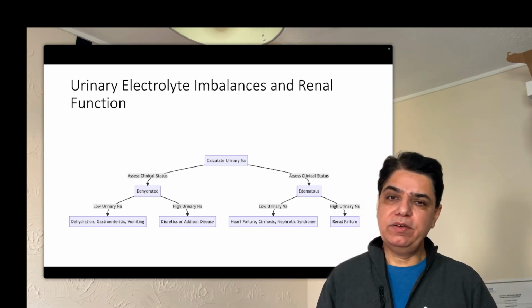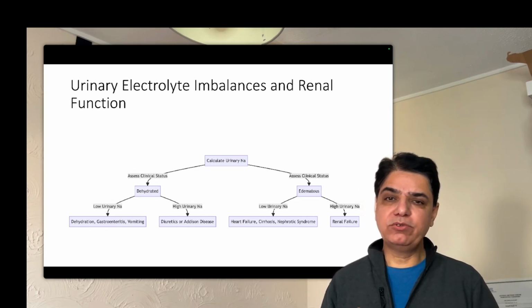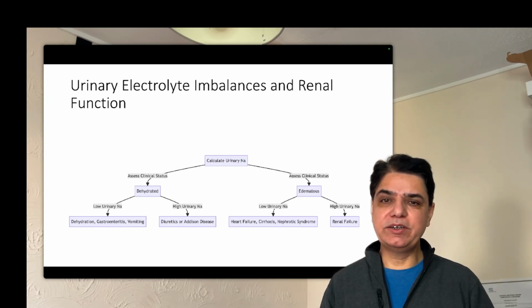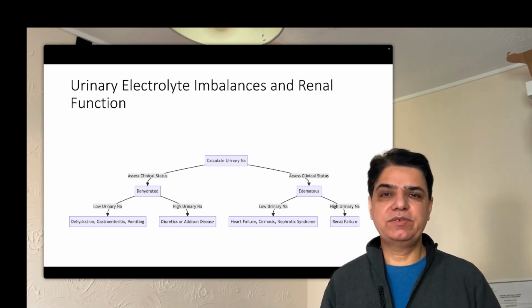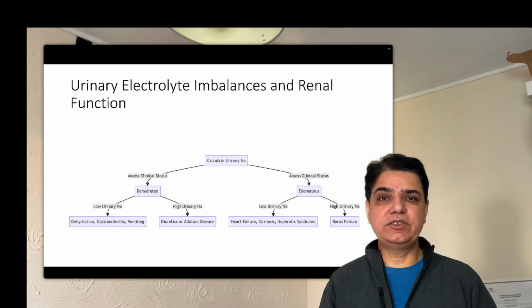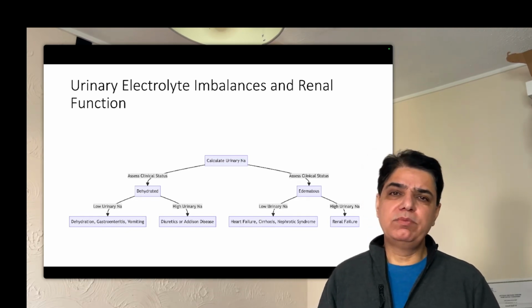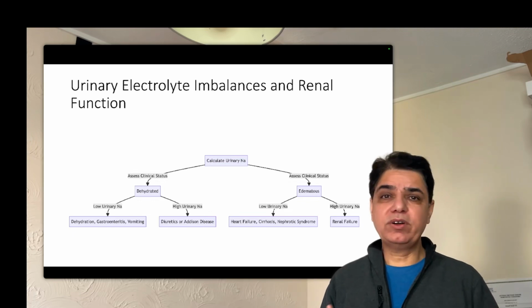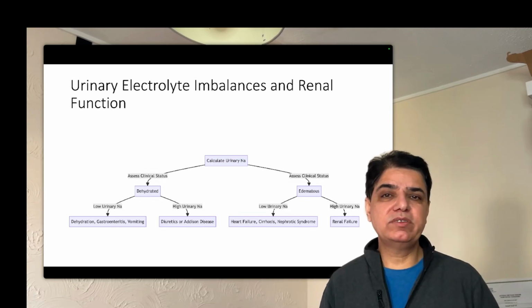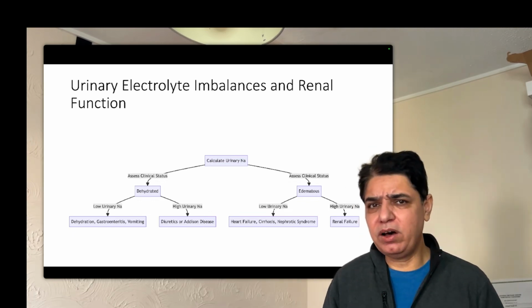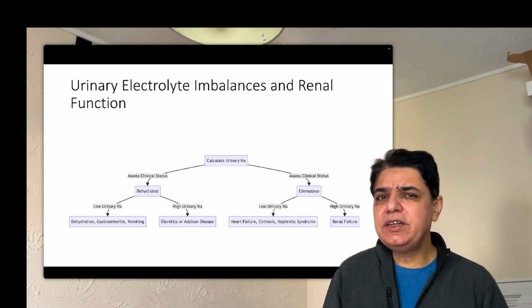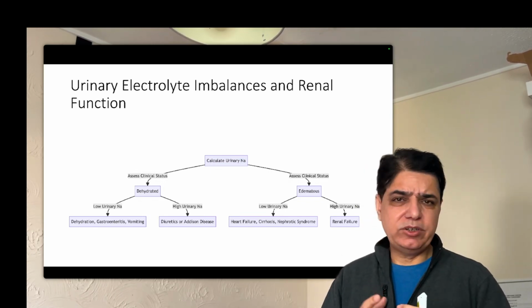Then if the urinary sodium level is low, less than 20 milliequivalents per liter, you are dealing with congestive states. These congestive states could be because of congestive heart failure, nephrotic syndrome, or chronic liver failure or cirrhotic states. Whatever state is causing edema in the body, whether heart, liver, or kidney reasons, again, the list would be quite a big one.